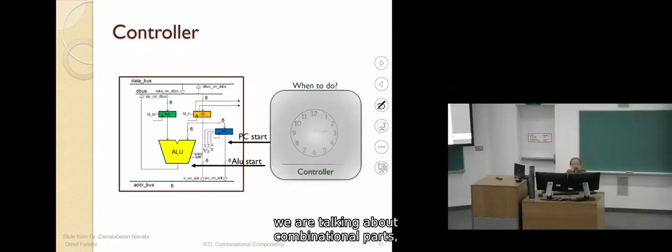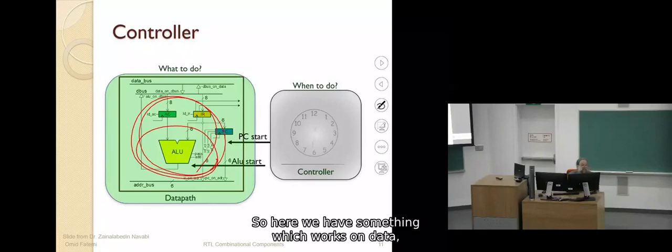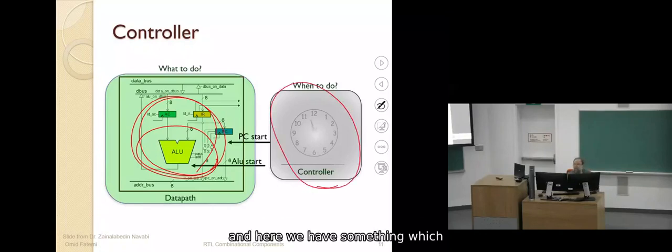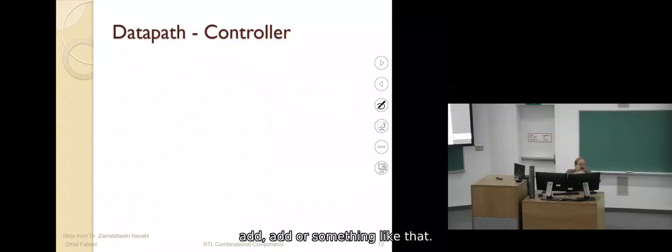As I told you, we are talking about combinational parts, not the controller, not the storage right now. Later, we will talk about this. So here we have something which works on data, and here we have something which controls the operation. In a design, we can say the design has a data path and a controller. In the data path, we work on the data: add, and, or, something like that.